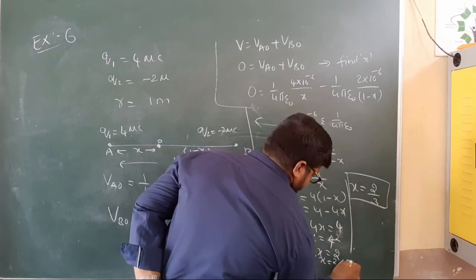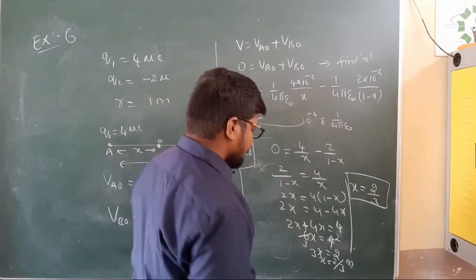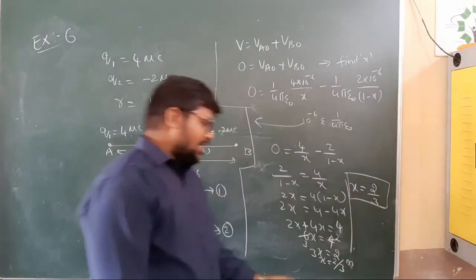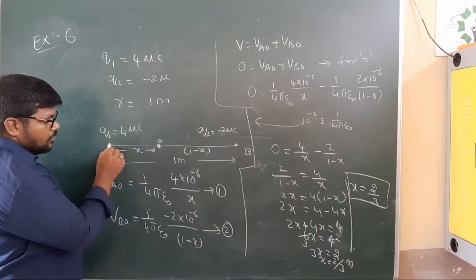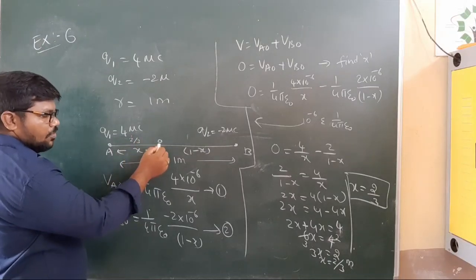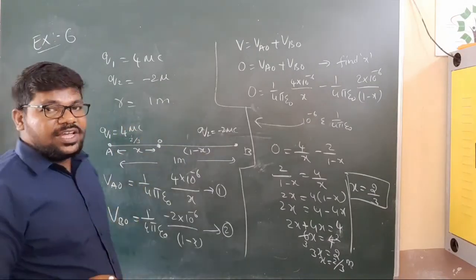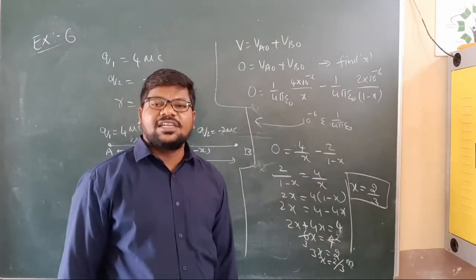2 by 3 meters from A. It's clear? From A. Understand, children? Here, at a distance of 2 by 3 from A, we have to place one charge where the electrostatic potential must be 0. Is it clear, my children?